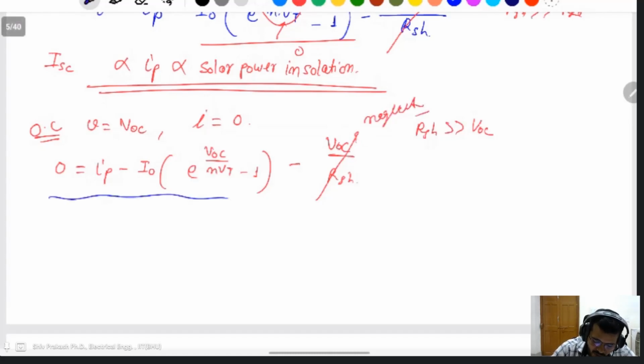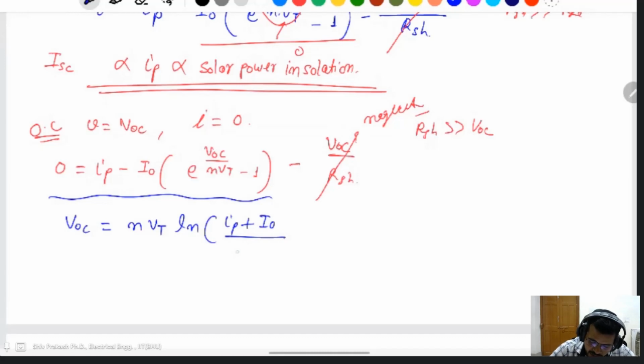If you solve this one, then you will get VOC is equal to NVT into ln of (IP plus I naught) divided by I naught. And ISC is directly proportional to IP.